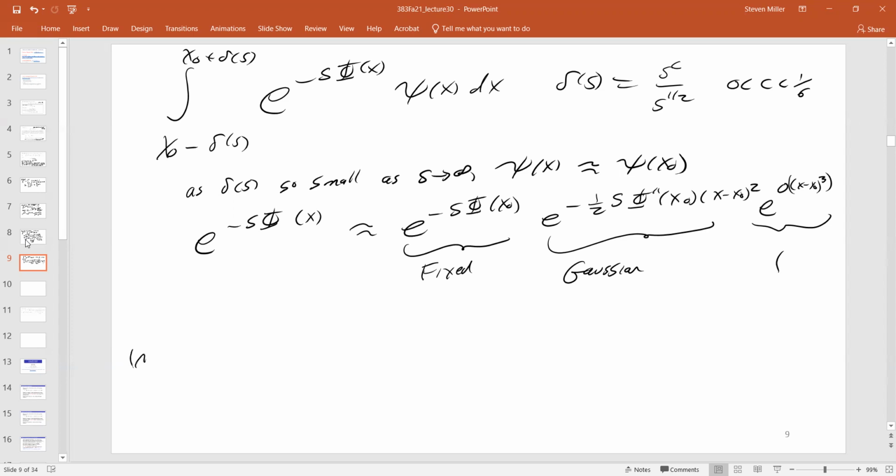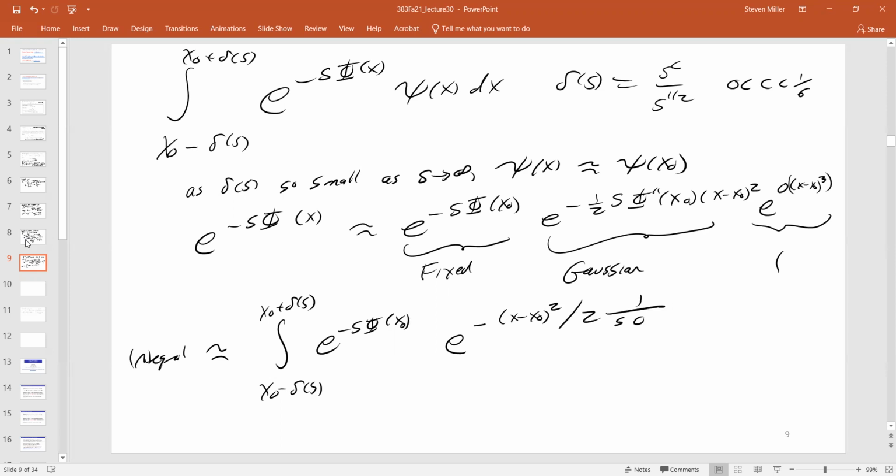So the integral is approximately the integral from x naught minus delta of S to x naught plus delta of S, e to the negative S phi of x naught. And then we have e to the negative x minus x naught squared over 2, 1 over S phi double prime of x naught dx.